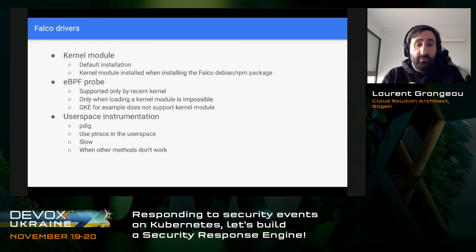It's using ptrace, for example, in the user space, and it's really for when other methods don't work. So you have three different ways of installing Falco. The first one is the kernel module, the second one is the eBPF probe, and the third one is user space instrumentation.